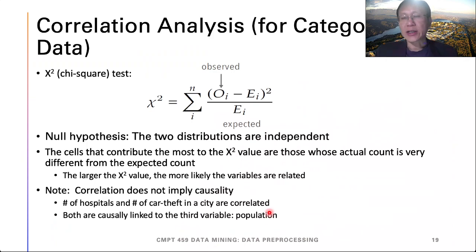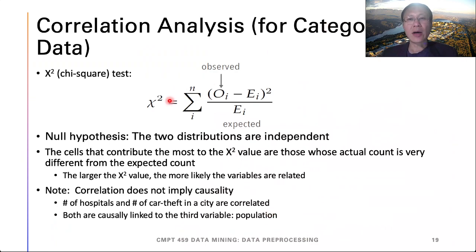In order to detect redundant attributes, you need to do correlation analysis. Let's start from the correlation analysis for categorical data. One popularly used method is called the chi-square test. The chi-square test is calculated as shown in this formula.